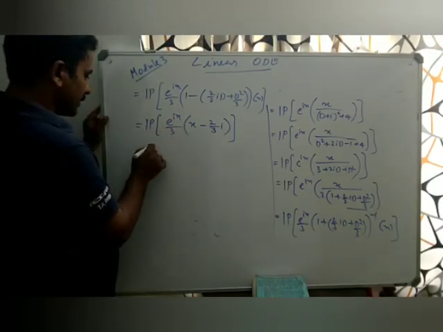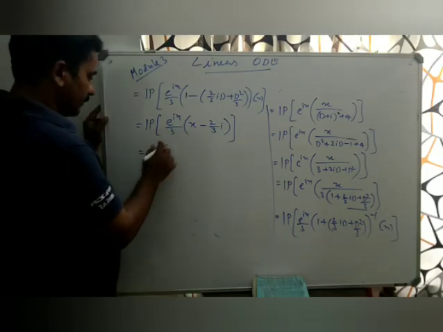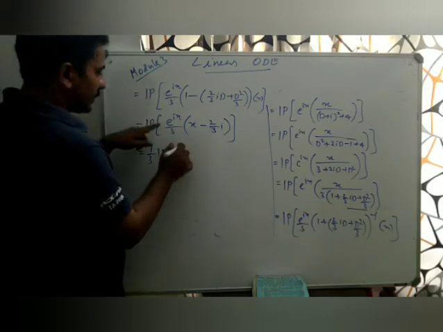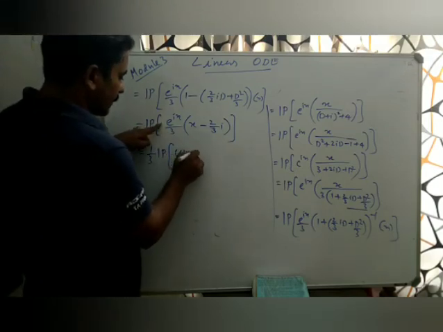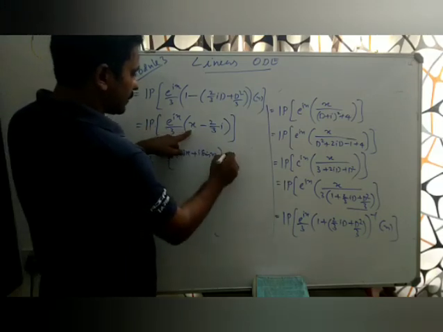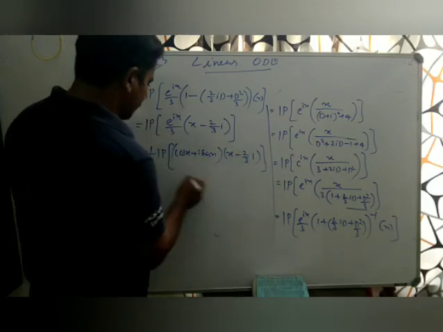So this 3 comes out, imaginary part of e raised to ix is cos x plus i sin x times x minus 2 by 3 i.